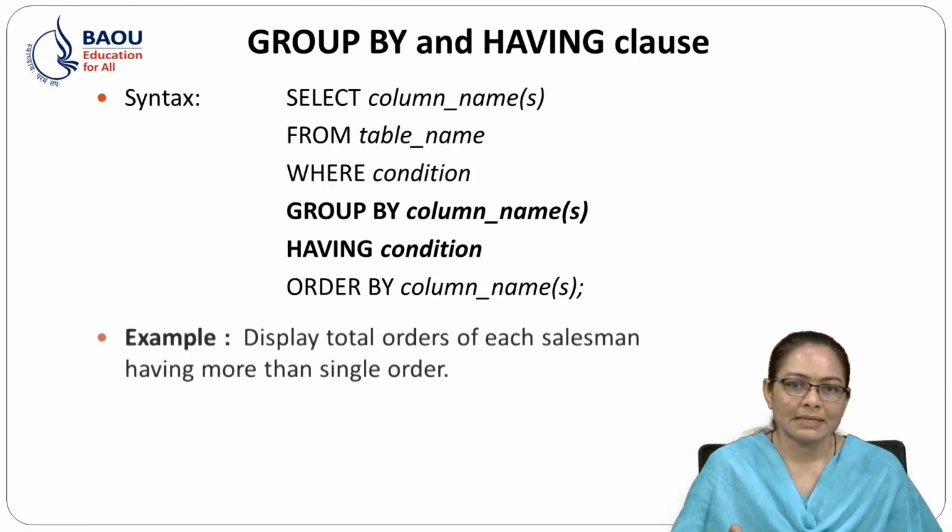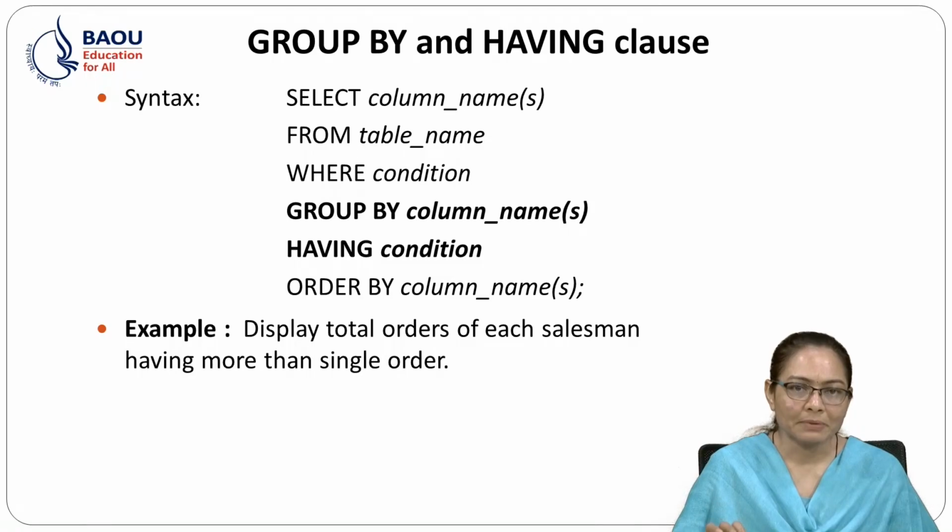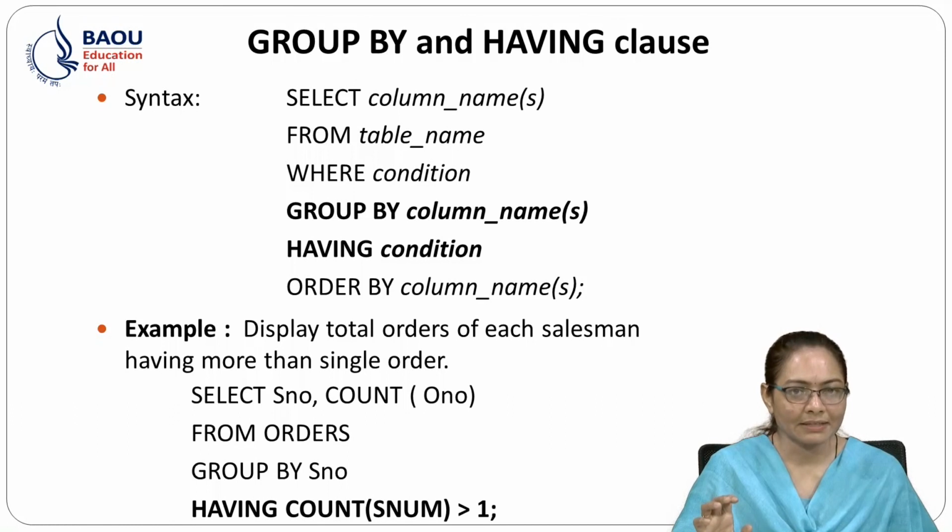Now see the example: display the total orders of each salesman having more than a single order. How to write the command? Select salesman number, comma, count in brackets order number, from orders, group by salesman number.